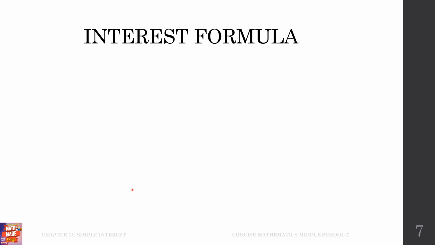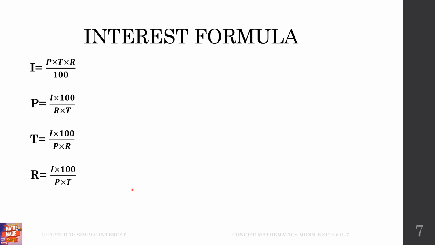Here there is a set of formulas which you need to remember. If you remember these 5 formulas, you can easily solve any kind of problem, and you need to understand what is principal, what is time, what is rate, what is interest, and what is amount. Right, children? So this interest is the extra amount which is paid.